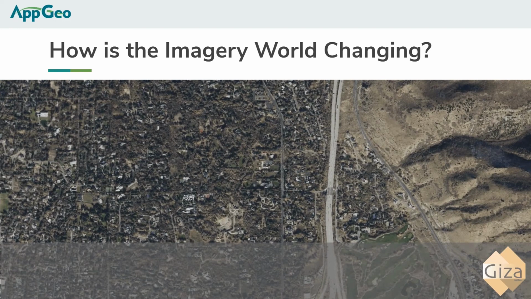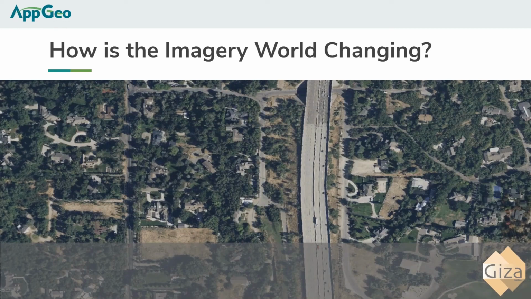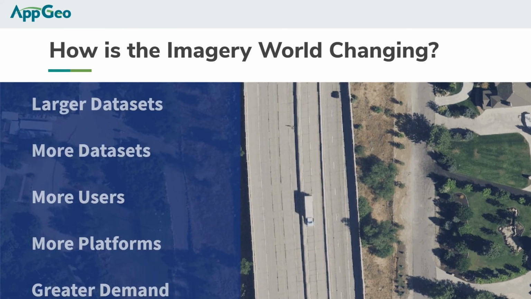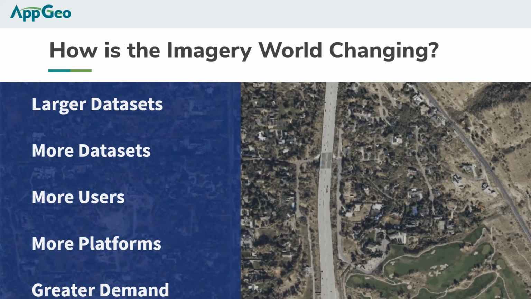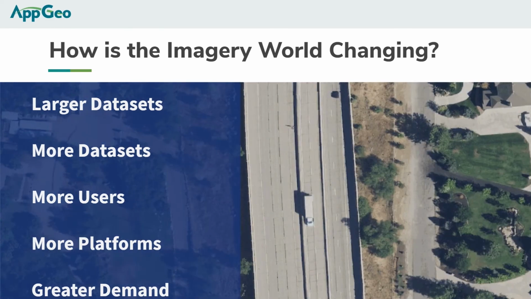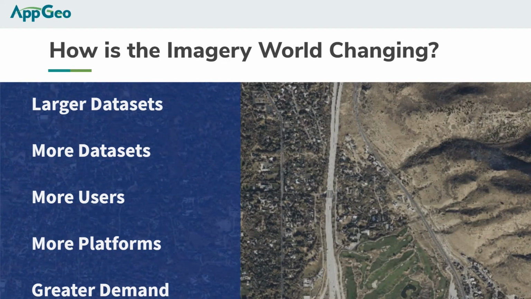And these new forms of analysis let us observe change maybe year over year. But all these great possibilities put increased strain on our current imagery infrastructure. To look at that in more detail, we're seeing both larger and increasing numbers of individual data sets as we add more bands to our collection technology, or increased specificity of data needs, like having both leaf on and leaf off data sets.